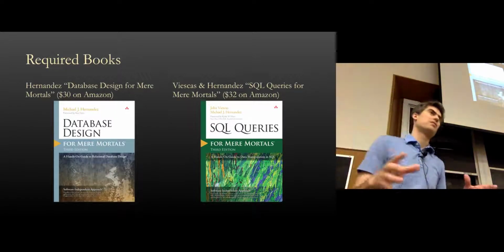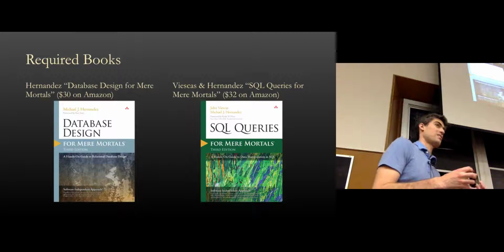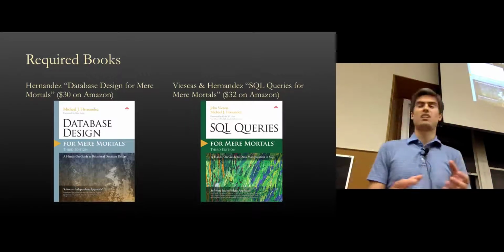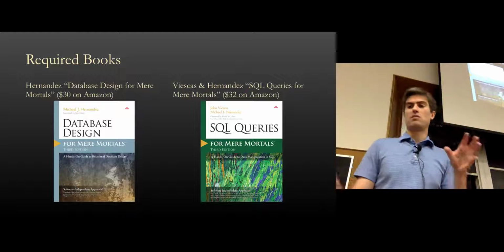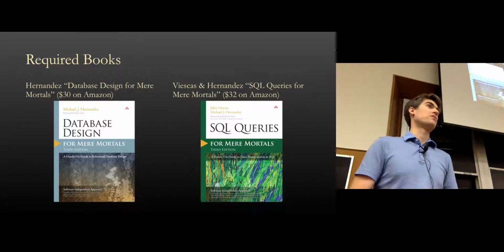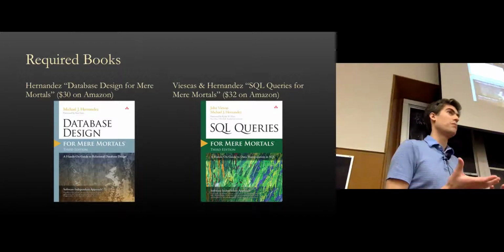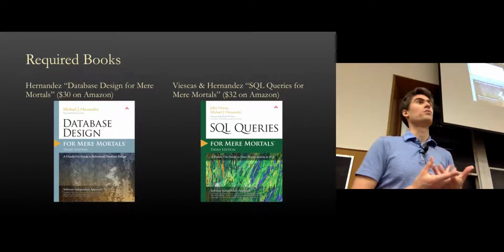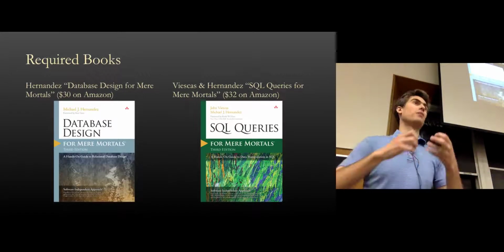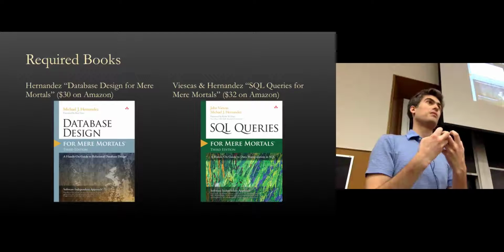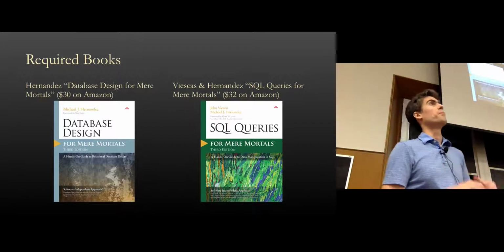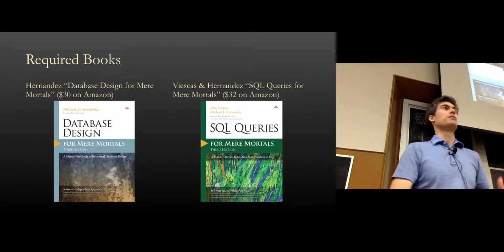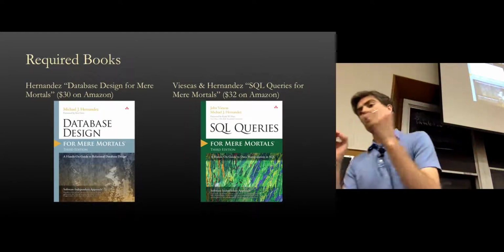So the book on the left doesn't include any real syntax for writing queries. All the syntax is on the right, and the reason they didn't combine them in one book is because some people just deal with existing databases, in which case all they need to know is the stuff in the green book on the right. How do I get data from the database? But for this course, we're also going to talk about how to model data to create a database, and that topic is covered in the blue book on the left.